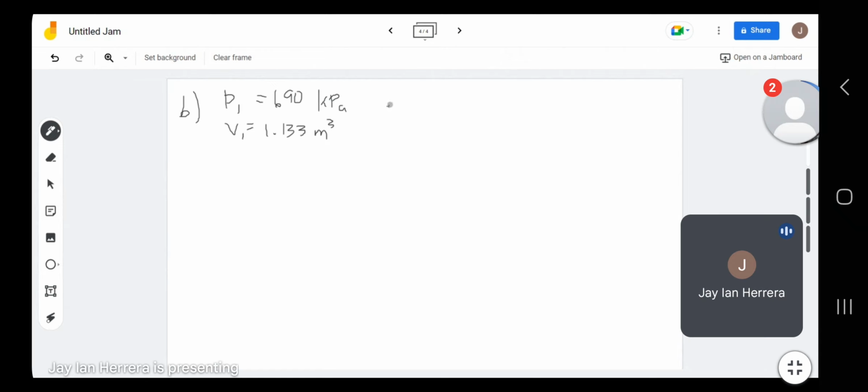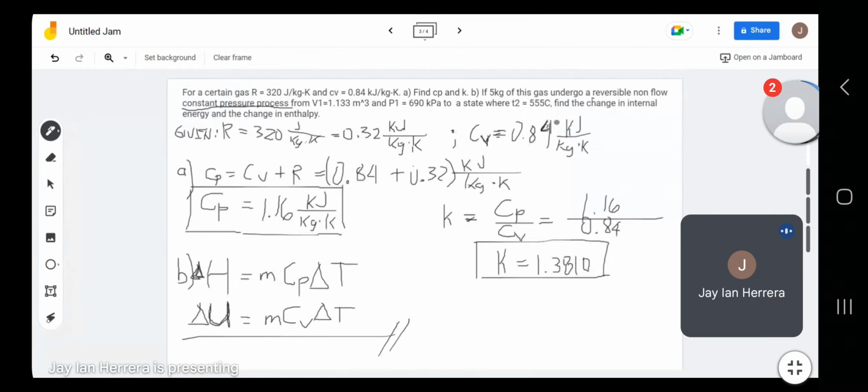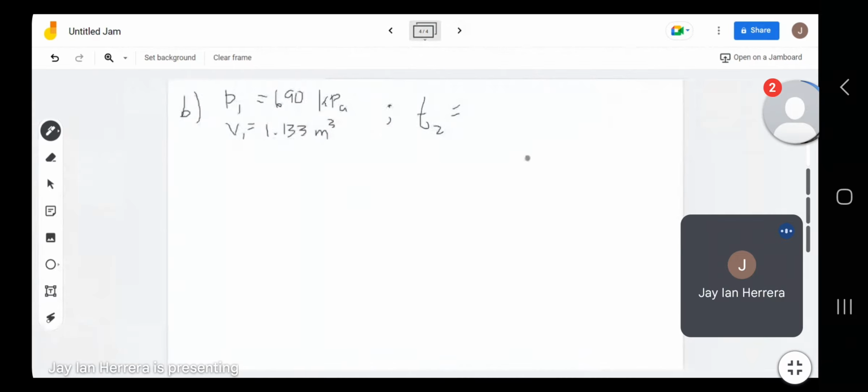Given tayo at second state ng T2 naman. So T2 natin is equivalent to 555 degrees Celsius.